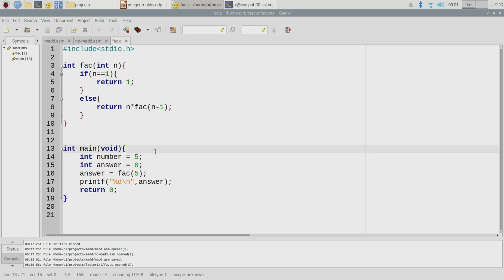All right. And then my main routine here is int main(void). I just hard coded this for cleanliness to say start with the number 5, initialize the answer to be 0, and then I'll say the answer is whatever fac of 5 is, and then print it and return to the OS. Okay, good? Right.